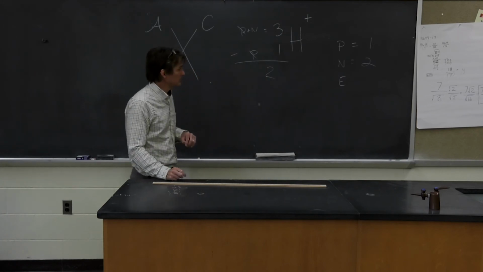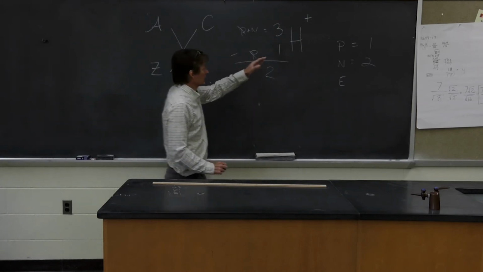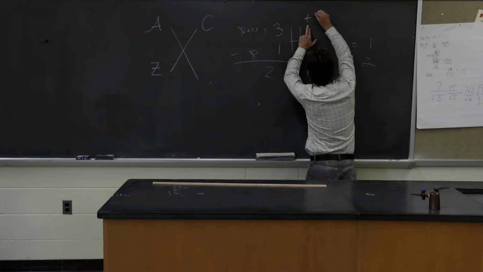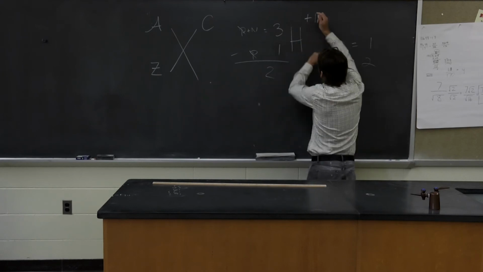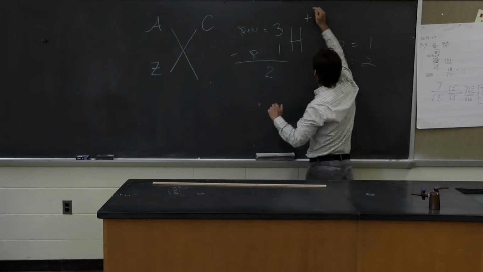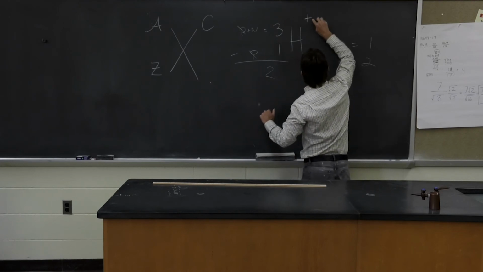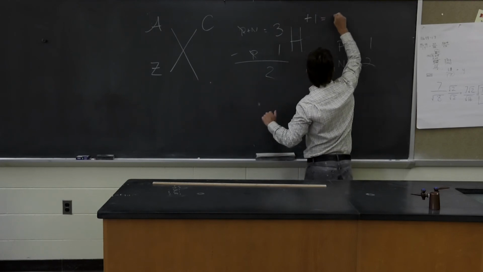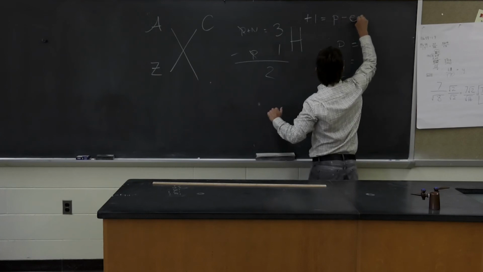got two neutrons. And my charge, which is a plus 1, chemists don't write 1 if they don't need to. Get used to that, we do it all the time. But this positive 1, that's going to be my protons minus my electrons.